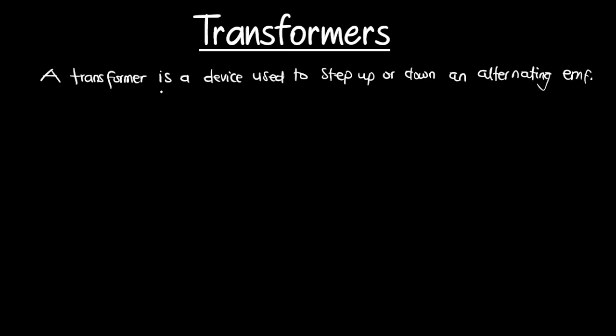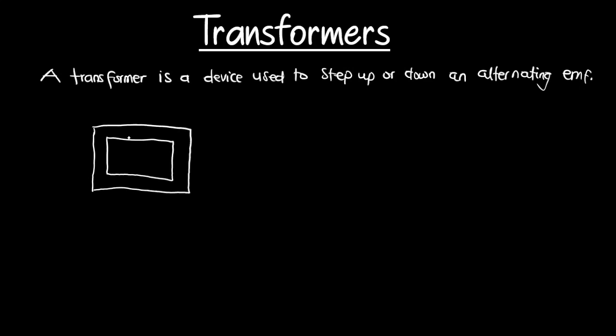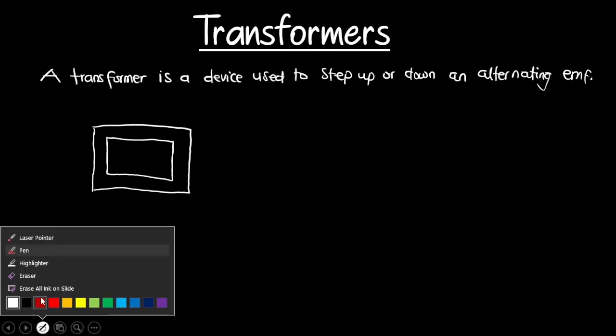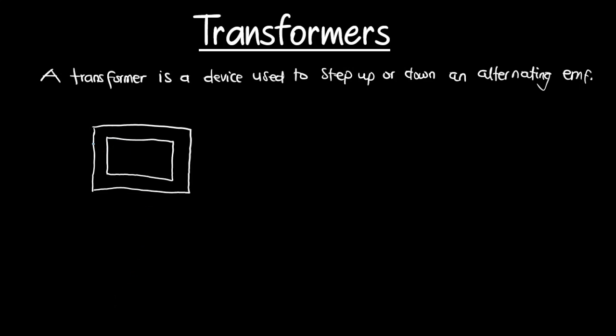So let's have a general overview of what a transformer looks like. Basically, a transformer has what we call a soft iron core. So I'll draw the iron core like this. Okay, it has something like this. Then, let me use a different color here, it has some coils around it. Okay, so this coil has a name. We'll be looking at that.